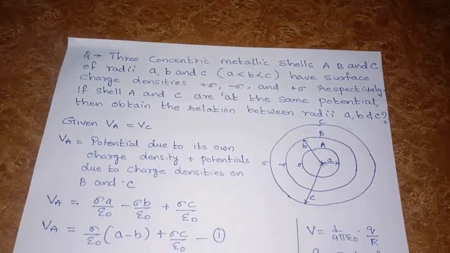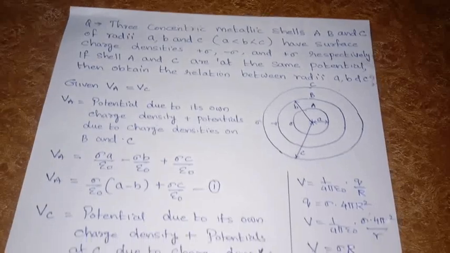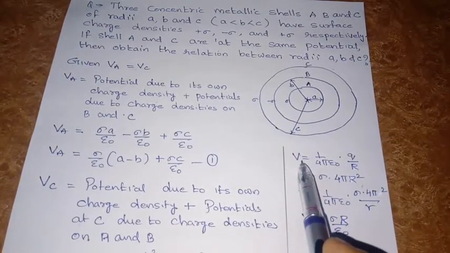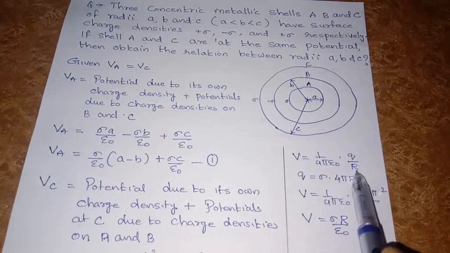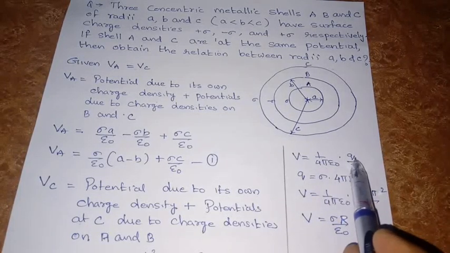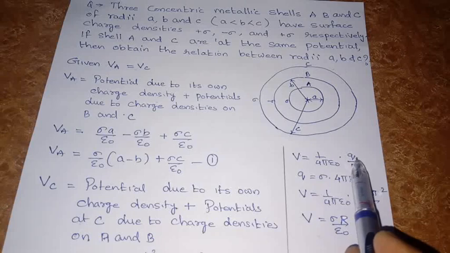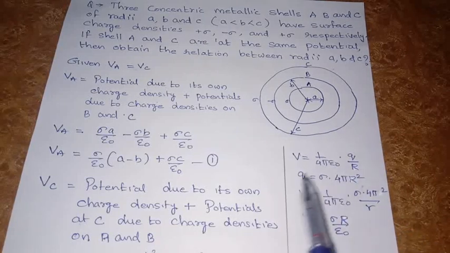Now we already studied what is the potential due to a spherical conductor. Potential on the surface of a spherical conductor is given by V is equal to 1 by 4 pi epsilon 0 Q divided by capital R, where Q is the charge given and capital R is the radius of the surface. Now here charge density is given. So I am going to substitute the Q in terms of charge density.